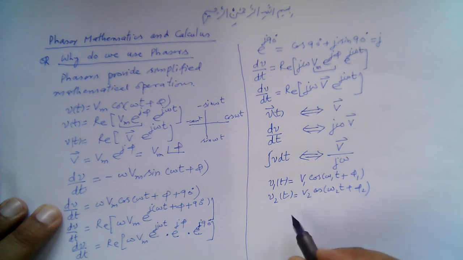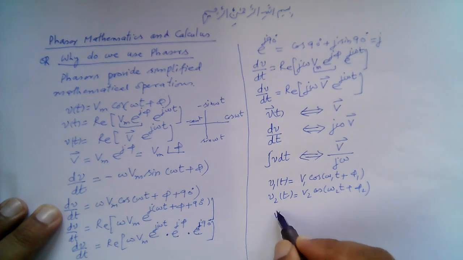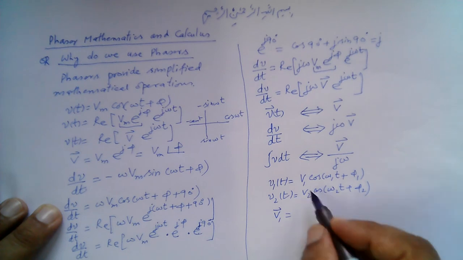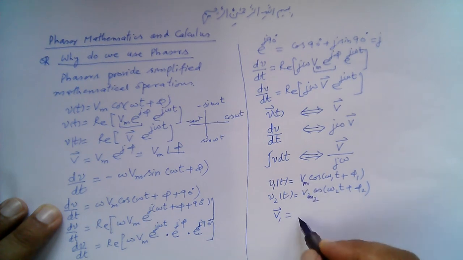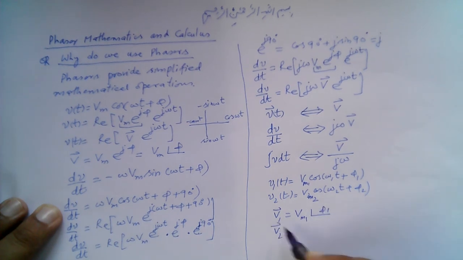So instead, we can transform them into the phasor domain: V1 bar is Vm1 angle phi 1, and V2 bar is Vm2 angle phi 2, and we can simply add the phasors.